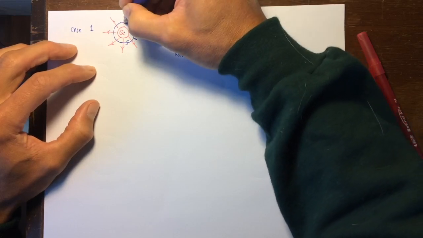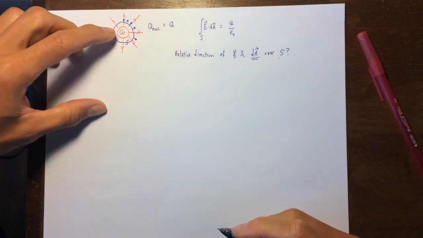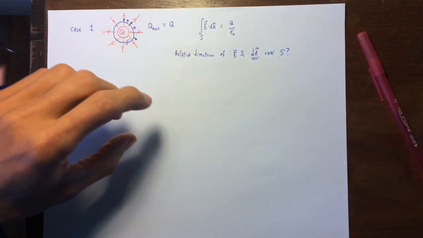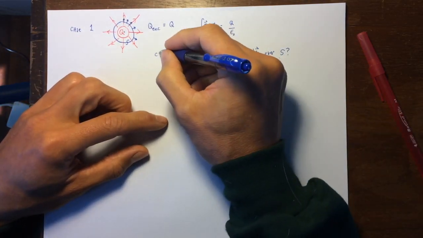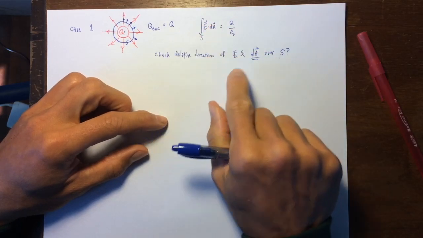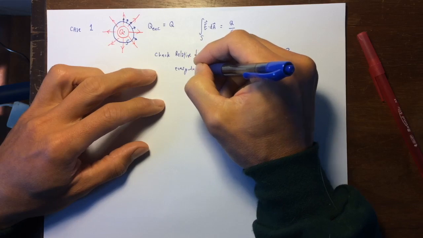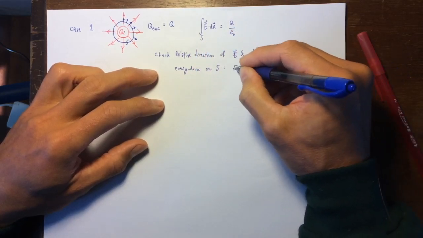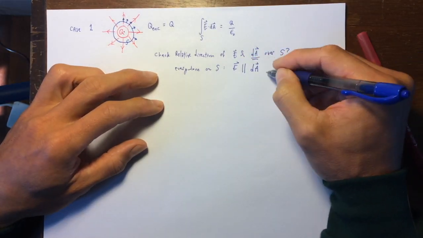So if you look outwards from the surface area, over the Gaussian surface, E and dA, let's check relative direction between E and A over S. Everywhere on S has the situation that E is parallel to dA.